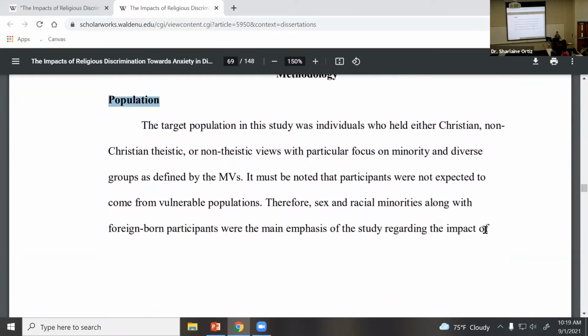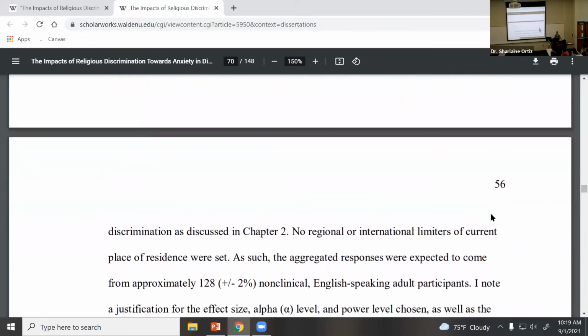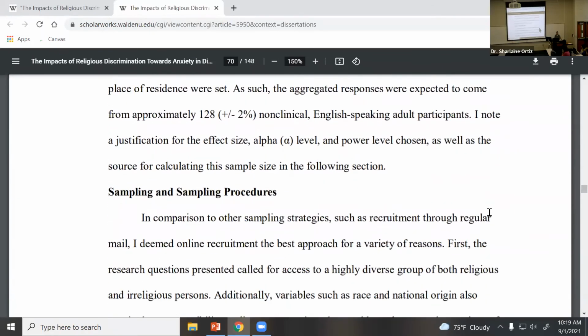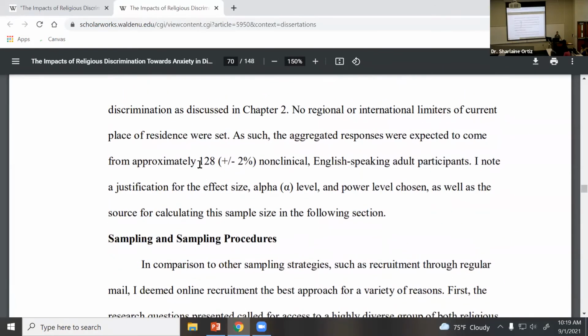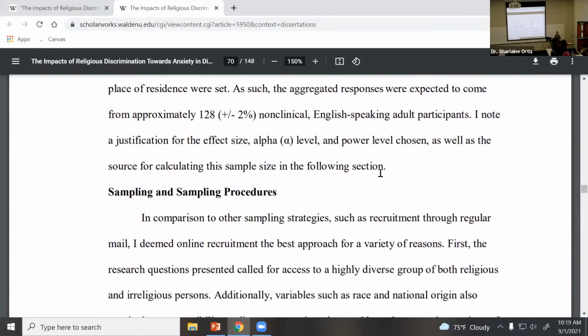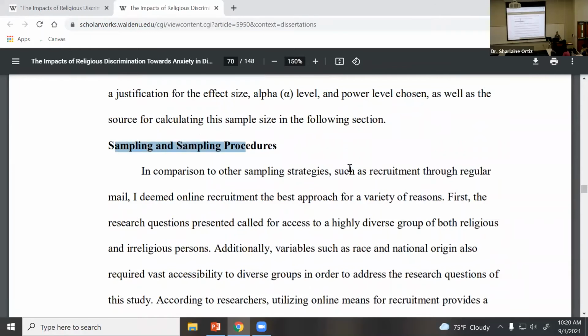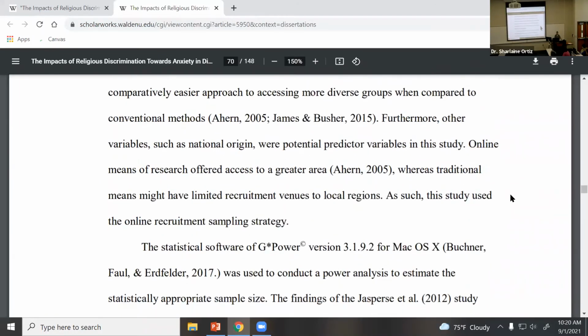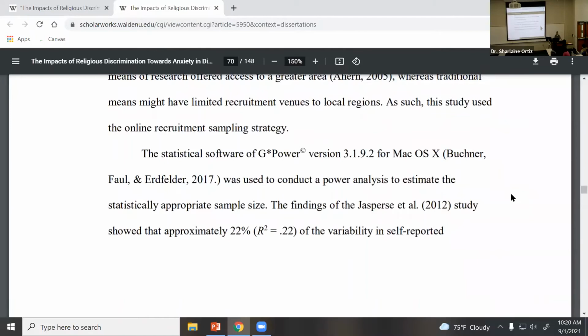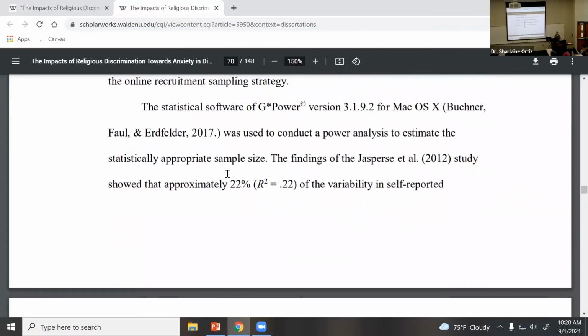Define that population, so if somebody wanted to replicate it, they could. Where did you find your statistics? What type of a parameter did you decide to utilize? If it's statistical, where did I draw my sample in my sampling procedures? What type of power did you decide to utilize for that statistical procedure?